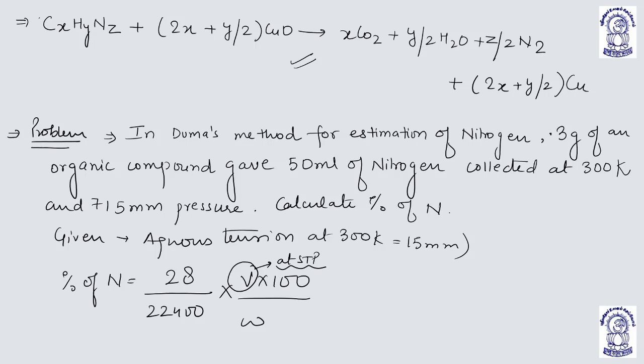Okay. Now, what do you have to do? P1 V1 upon T1 is equal to P2 V2 upon T2. Same formula, we have to find out the volume of nitrogen at STP, that is V2. Now P1 is given, 715 minus 15, that is 700.